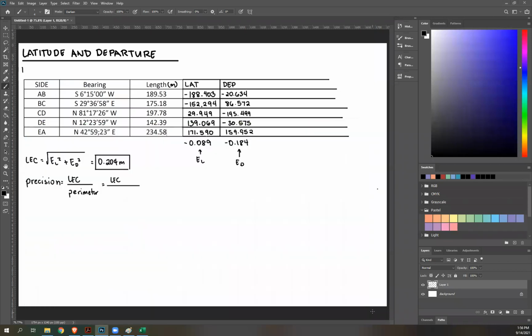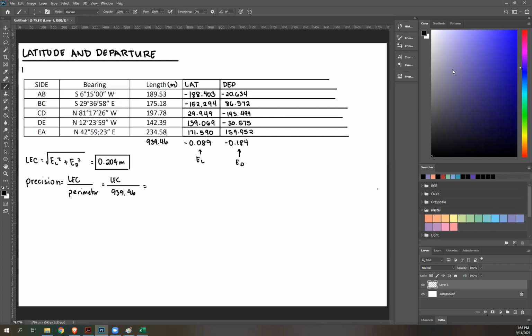It's 939.46. Okay, please solve. Scientific notation, please. Okay.